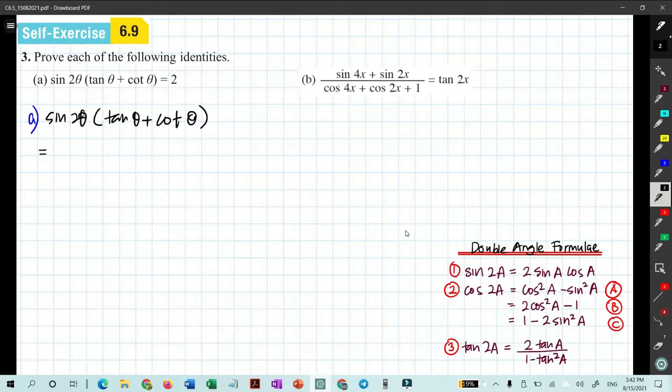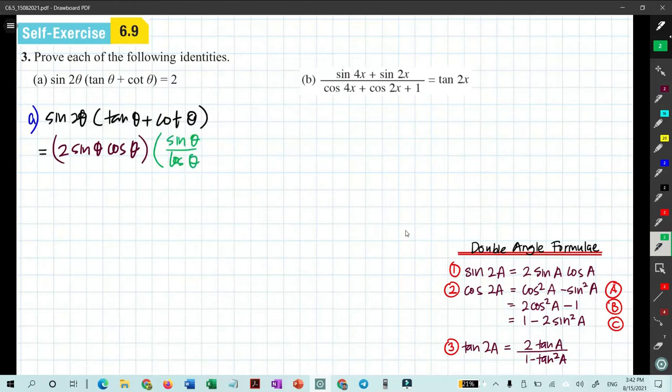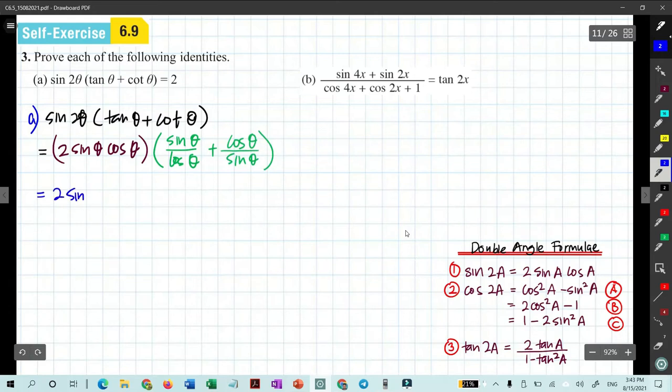Sine 2 theta is basically 2 sine theta cos theta, and then tangent can be expressed as sine theta over cos theta, plus cotangent can be expressed as cos theta over sine theta.